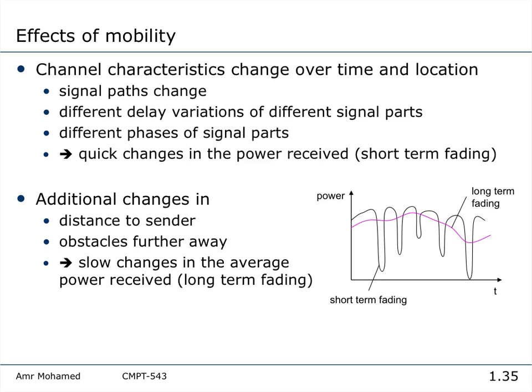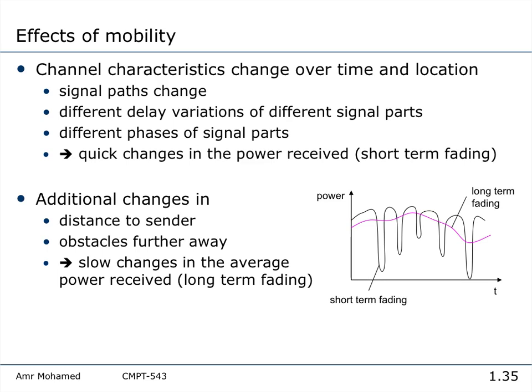So if the car is moving away, the signal attenuates as it arrives at the car, and in that case, the fading is long-term, which means that it doesn't happen as sharp drops like this. It decays but slowly. So this is what we call long-term fading. So it does not drop and then go up. It does not drop and go up. But this is the effect of path loss.